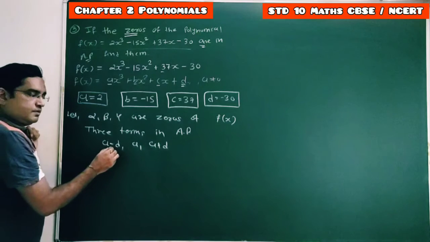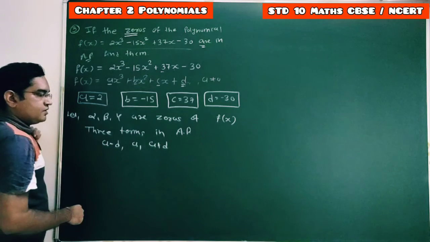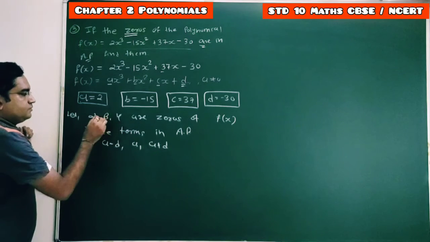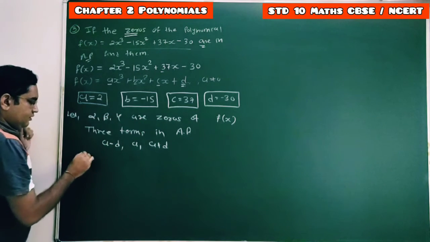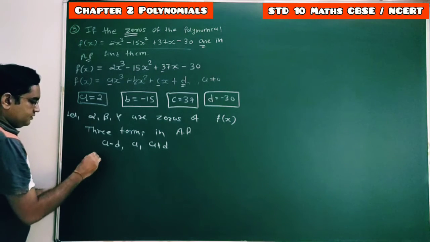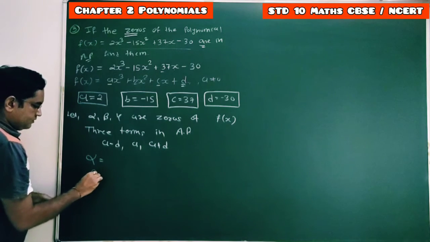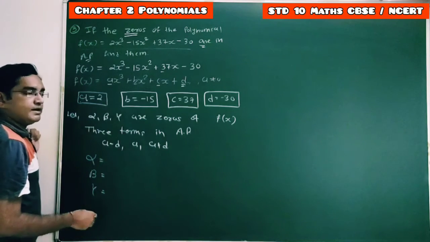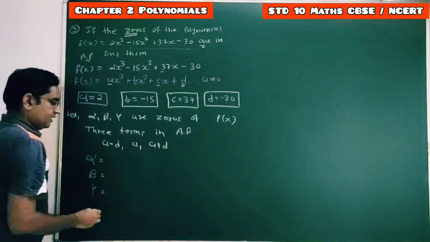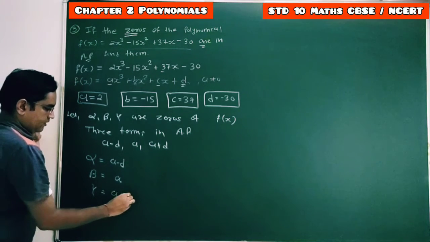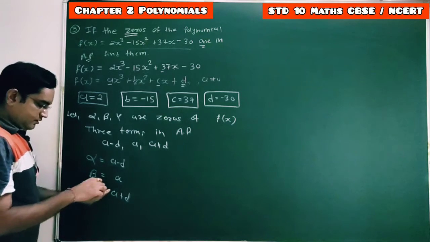So we'll assume them a minus d, a and a plus d. Our zeros are also in AP. So the 3 zeros of this given polynomial are in arithmetic progression. So the 3 zeros are a minus d, a and a plus d.